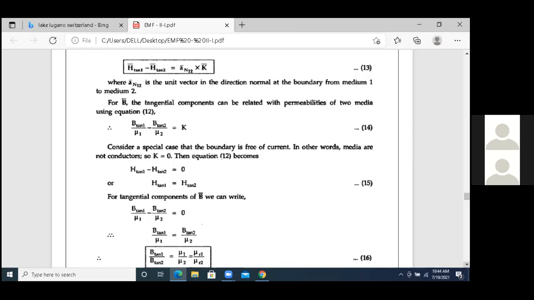The special case is when there is no current at the boundary. So K becomes 0. If K becomes 0, H tangential 1 equals H tangential 2.